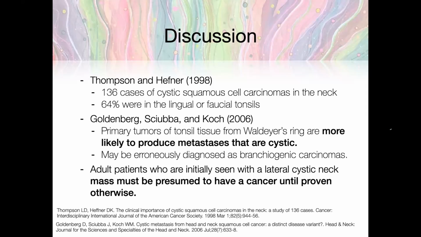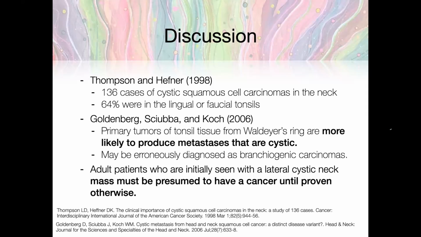In another study by Goldenberg, Schuba, and Koch in 2006, head and neck cancers predominantly include primary tumors of tonsillar tissue from the Waldeyer ring and are more likely to produce metastases that are cystic and may be erroneously diagnosed as branchiogenic carcinomas. That is, a branchial cleft cyst that has undergone malignant degeneration.